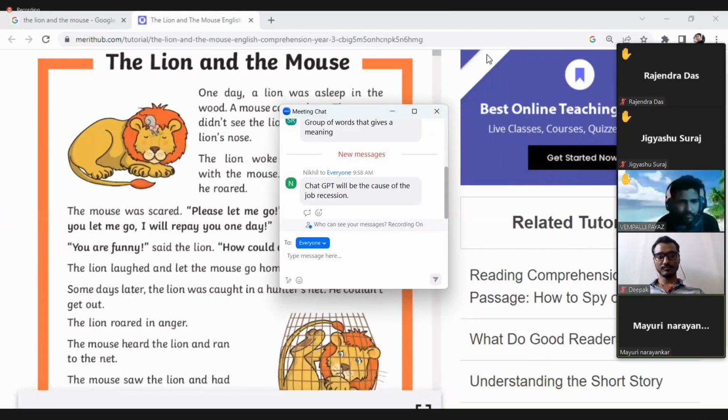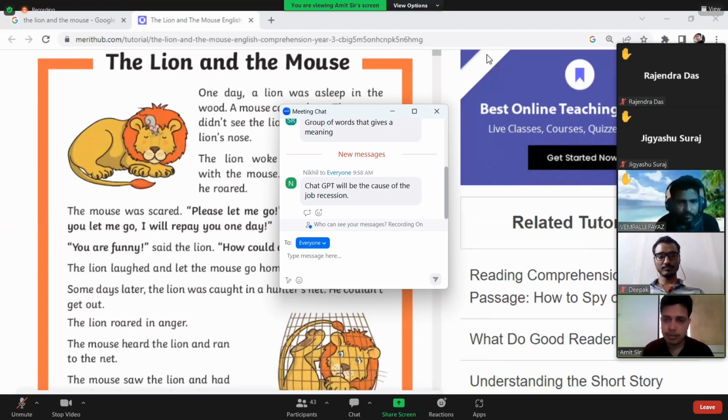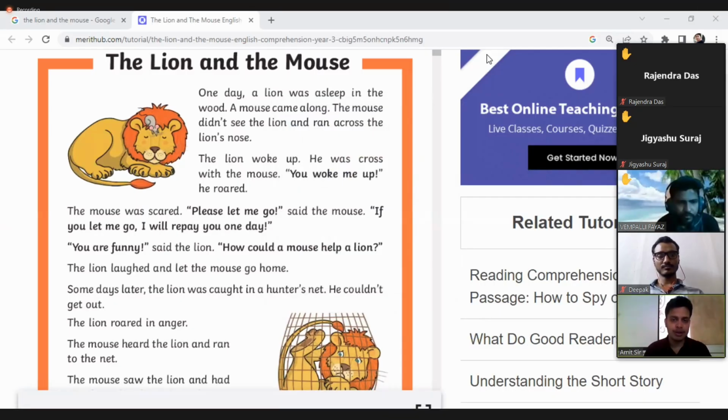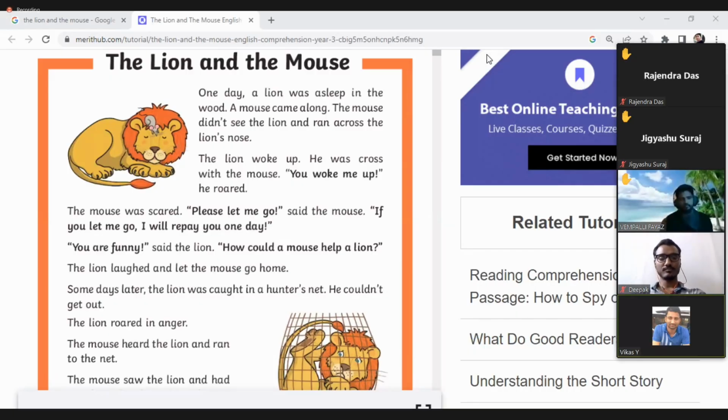But if you search the meaning of wood, it is a material we use, like logs. But in English, the word changes according to the situation. Here, the meaning of wood is forest. Yes, sir. Okay.